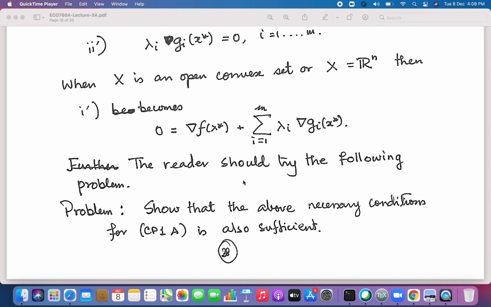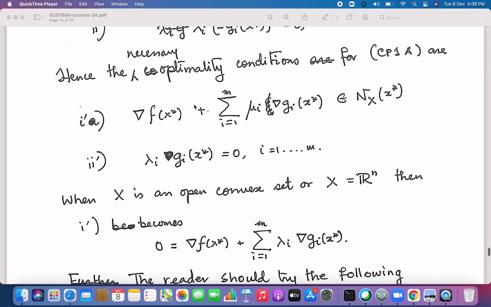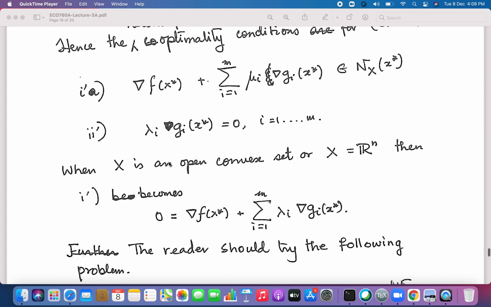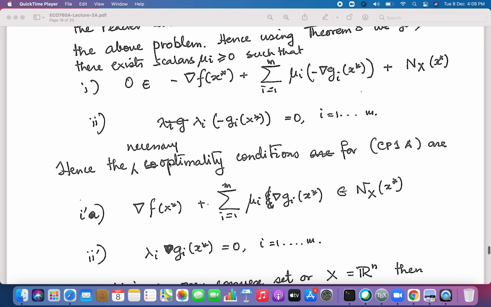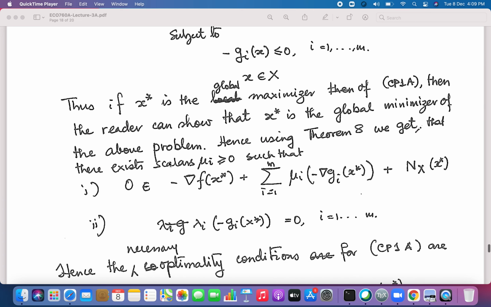So under concavity assumptions on f and g_i's and convexity assumption on the set capital X, you can show that this Kuhn-Tucker condition for maximizing the concave function over concave inequalities, greater than type inequalities, under the same abstract constraint x an element of X, then the optimality when X is equal to R^n, say, the optimality conditions for both the maximization case and the minimization case would look the same, though they are structurally very different problems.